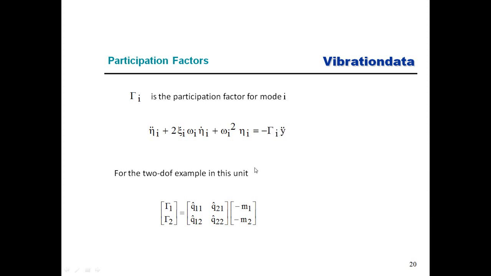If we go back and work through previous equations to make all of this happen, we need to set these 2 gamma values, these 2 mass participation factors, equal to the column format of our mass normalized eigenvectors, and then our 2 mass terms. So for our simple 2 degree of freedom system, calculating the participation factors is fairly straightforward. Obviously, for more complex systems where we have 6 degrees of freedom per node and all that, the process can get a little more complicated.